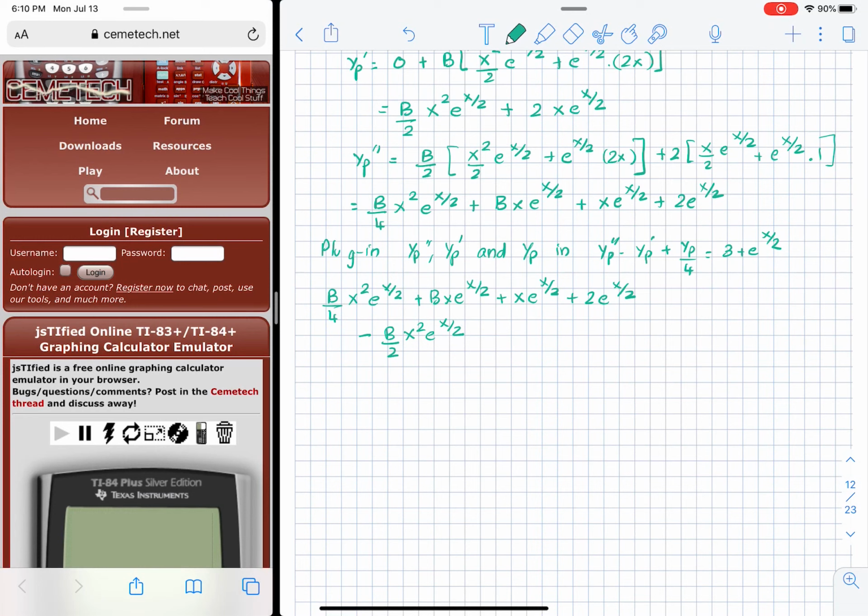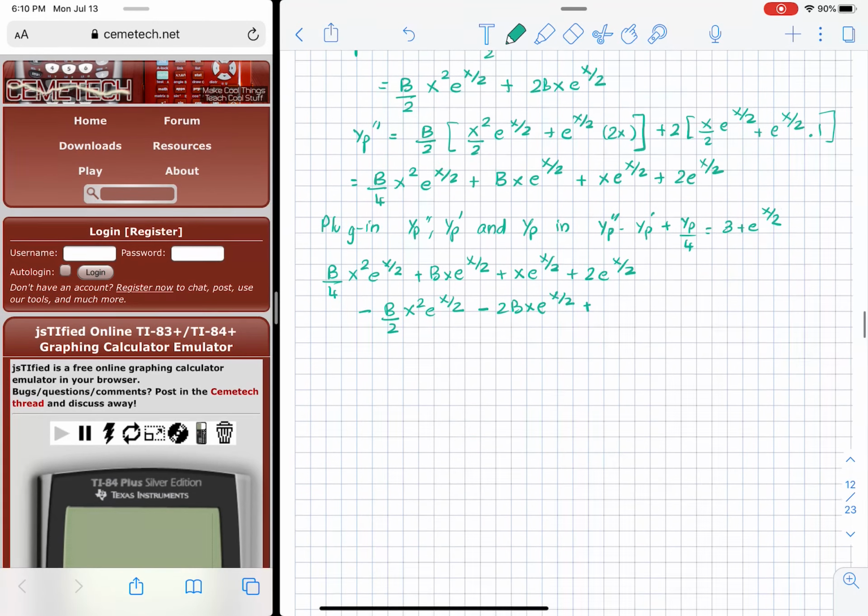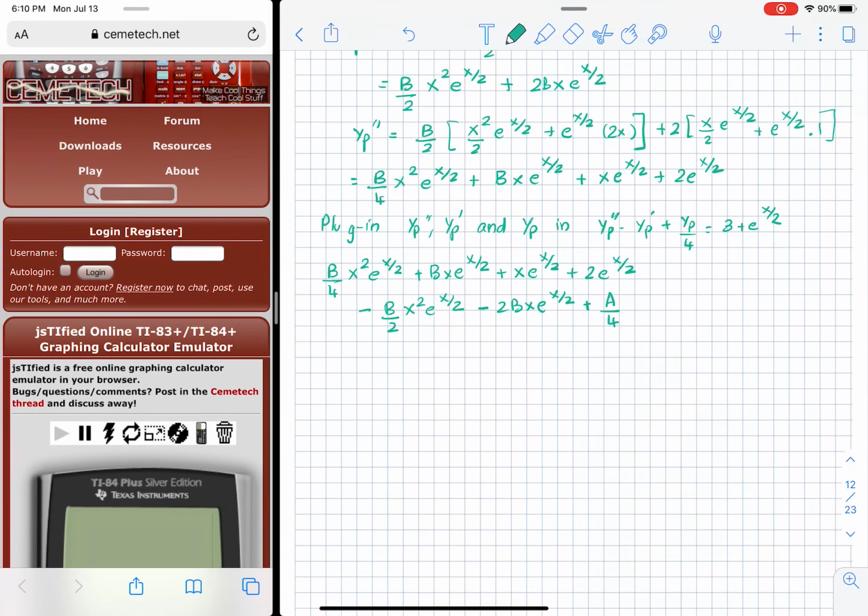I forgot the b there. Minus 2bx e raised x over 2. And lastly, yp. Yp is a over 4 plus b over 4 x squared e raised x over 2 equals 3 plus e raised x over 2.